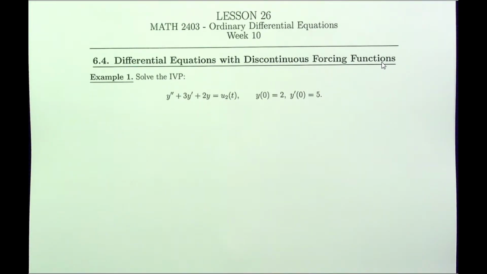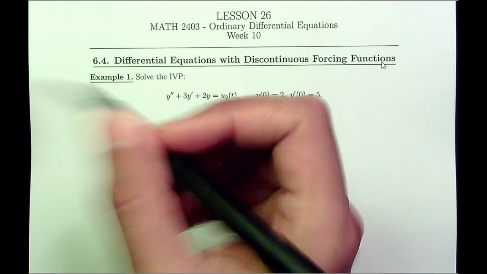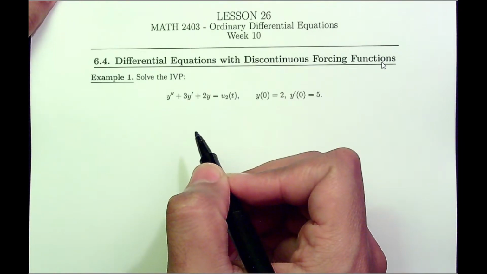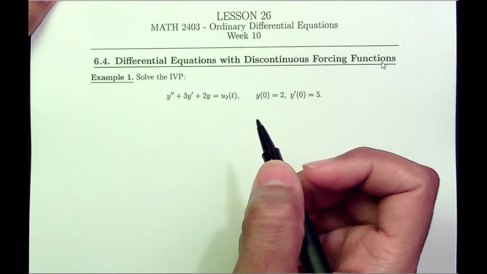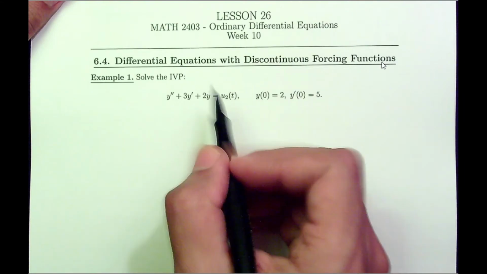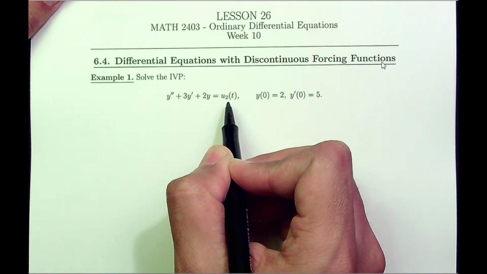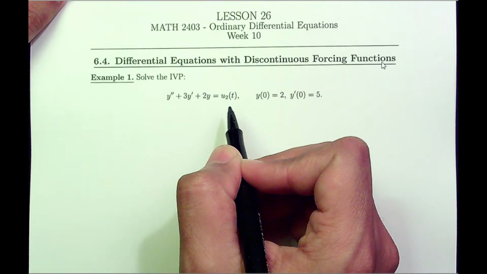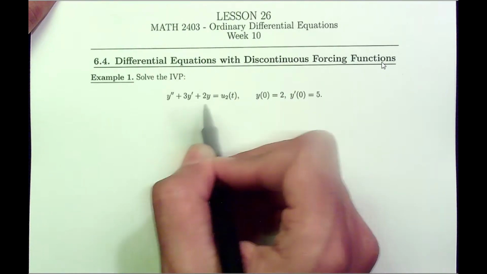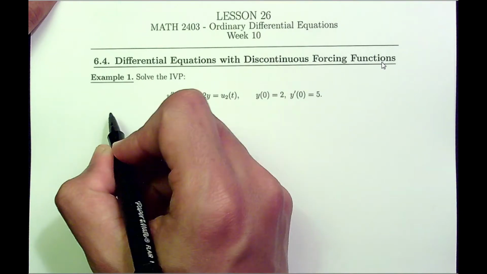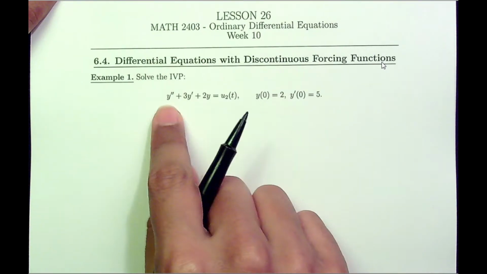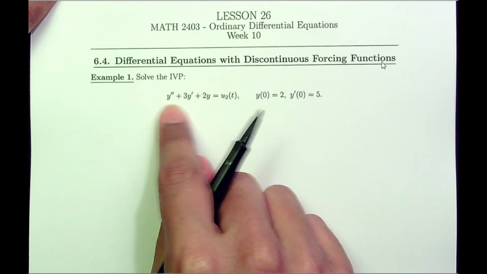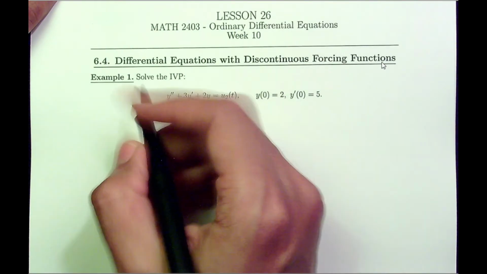Remember that for the method of Laplace transform, you always start the same way, regardless of whether this is continuous or not. We start by taking the Laplace transform on both sides. Also remember that you can use the linearity to split this up and pull out constants.